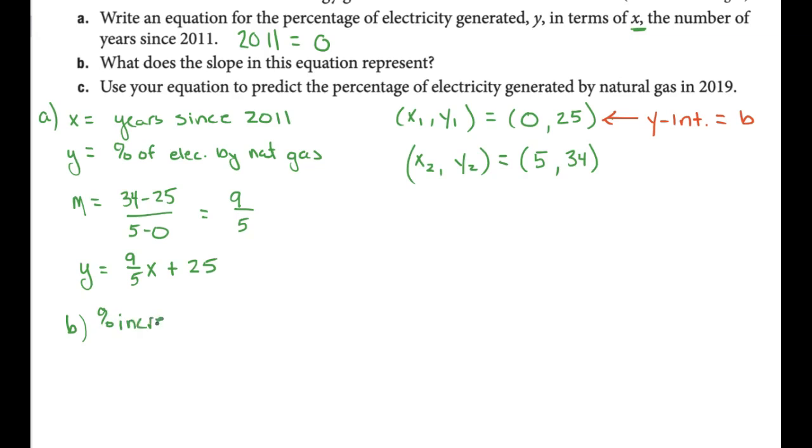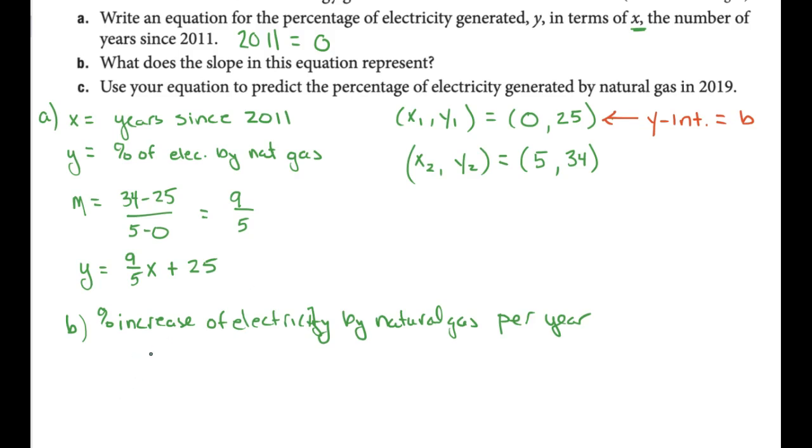The percent increase of what? The percent increase of electricity by natural gas per year. Okay, so it's almost 2% a year it goes up, 9/5.